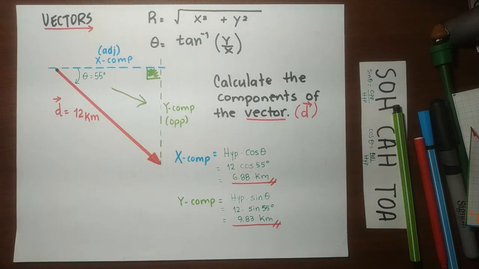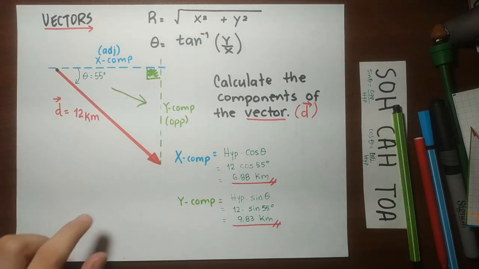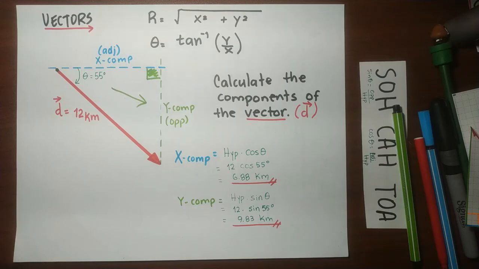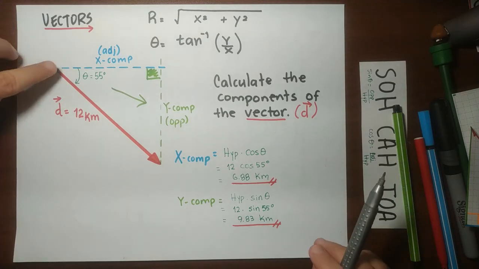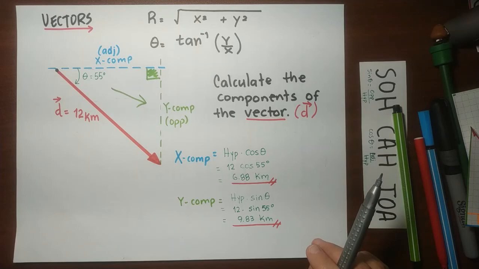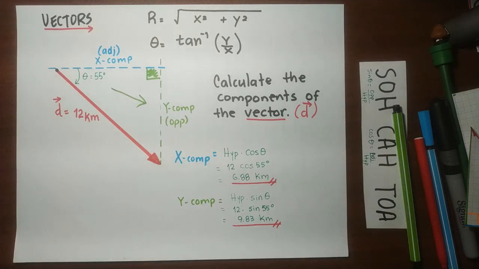Now, in most of the textbooks, they always use x equals r, resultant, cosine of the angle for x and for y. But it's not always going to be like that. That's why I told you, we always focus on the position of the angle. Because knowing the position of the angle, you know what type of component you are looking for. Thank you.